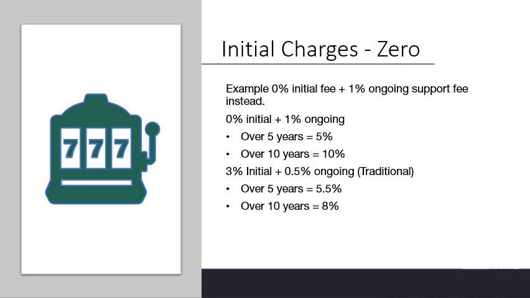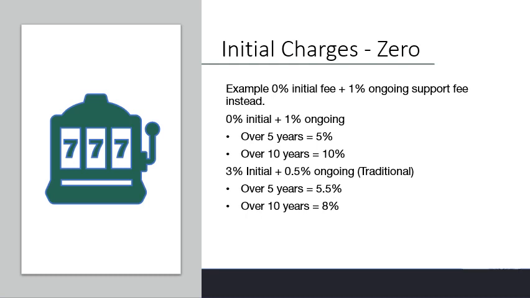How does this compare to the more traditional 3% initial and 0.5% ongoing? Well, over 5 years, it's 5.5%, and over 10 years, it's 8%. So over the short term, in simple, crude collections, it's actually slightly more advantageous to the advisor, and over the long term, it's more advantageous to the client.